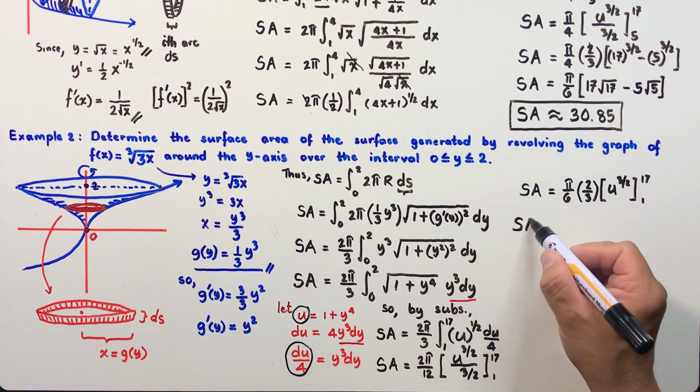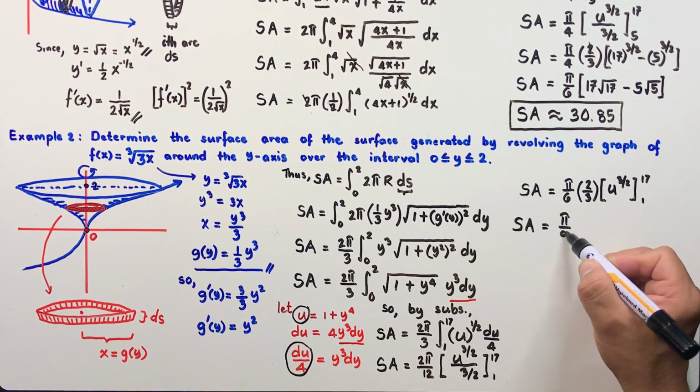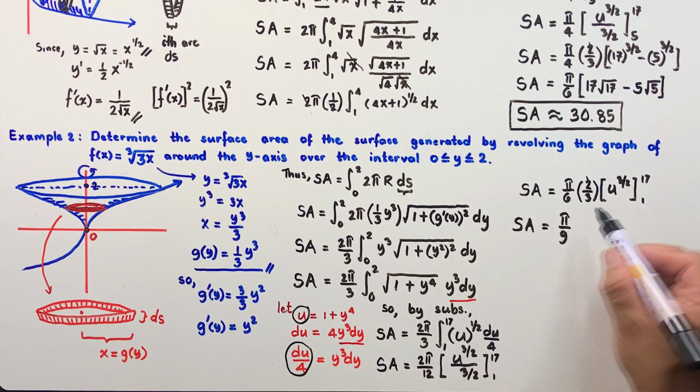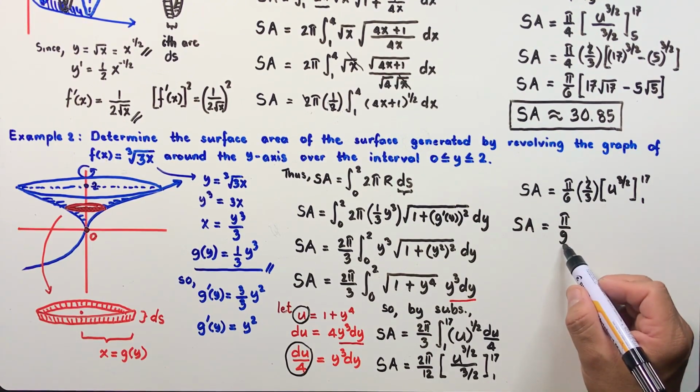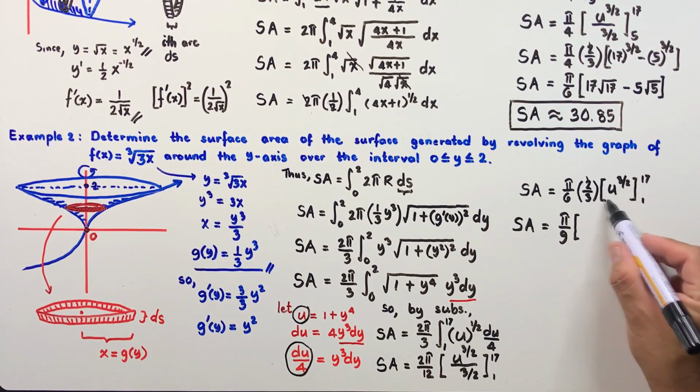So our surface area is equal to pi over 9, because this 2 here and this factor of 2 from 6 cancel each other. So what remains is 3. So 3 times 3, the product is 9. And this will be multiplied by this expression.